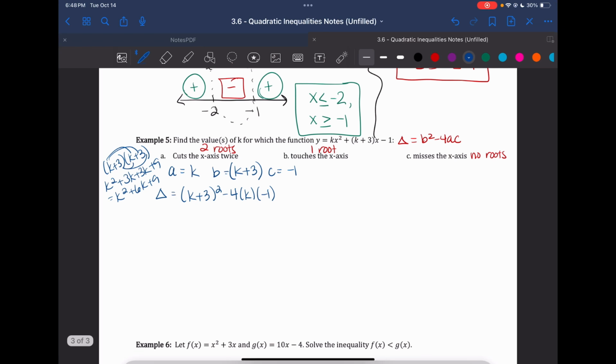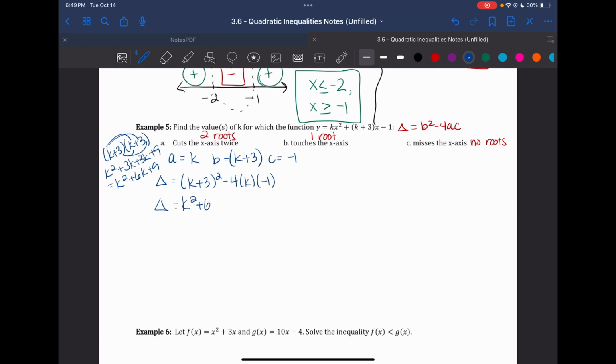So let's go ahead and do that. So delta equals k squared plus 6k plus 9. And then simplify the other side. The double negative becomes a positive, so plus 4k.